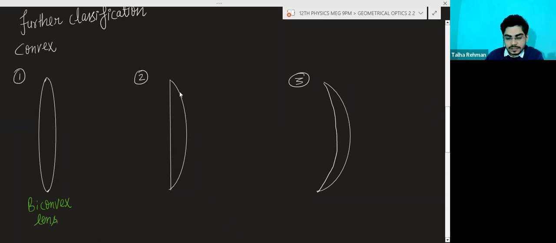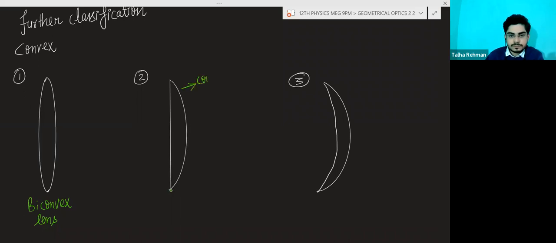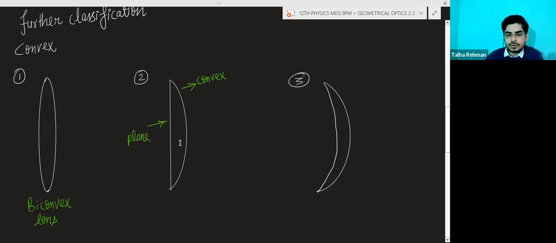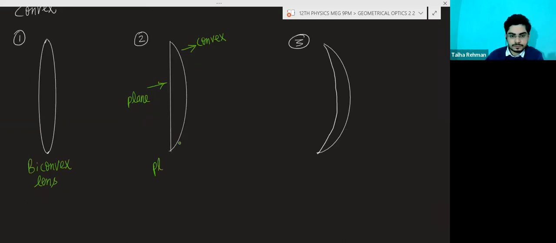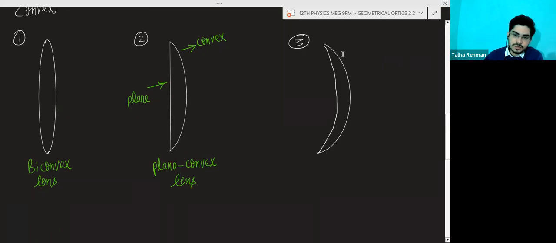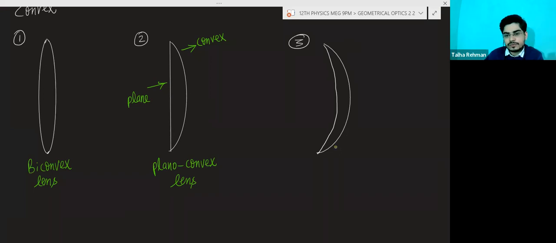Now see this. This surface is a convex surface, bulging outward. Bulging outward means convex. And this surface is a plane surface. So this is known as the plano-convex lens. Okay. Now see this. This surface is a convex surface, bulging outward.